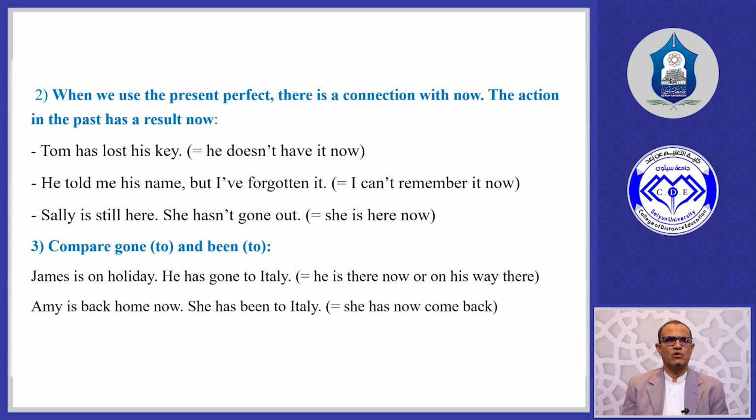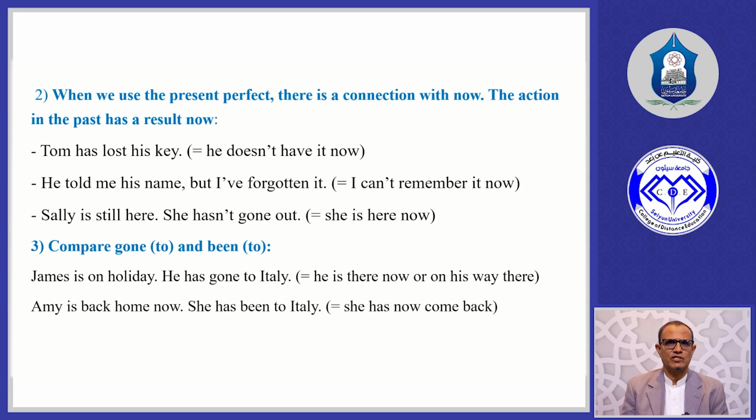Look, when I say James is on holiday, he has gone to Italy, that means he is there now. He has gone means he may be still there, or he may be on his way there.